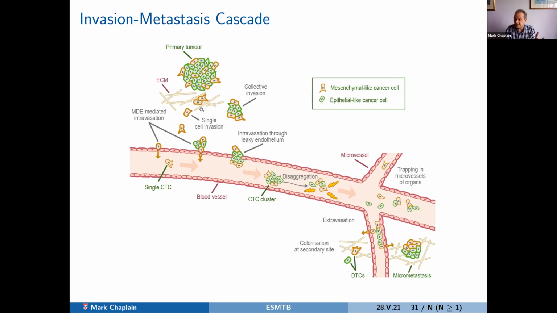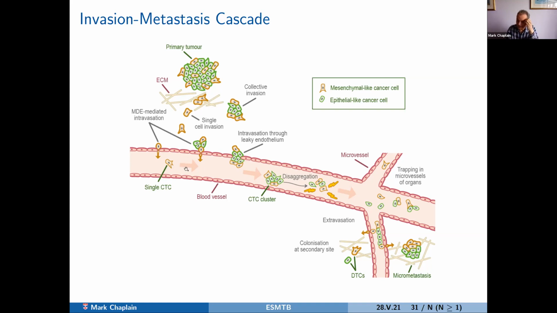They can invade as individuals, but you can also have collective invasion with clumps of epithelial cells connected to mesenchymal cells. And if there are any blood vessels nearby, then the mesenchymal cells can get into the blood vessels through intravasation. There's experimental data giving probabilities of intravasation success. Or you can get these clusters of mesenchymal and epithelial cells intravasating, but they're led by the mesenchymal cells.